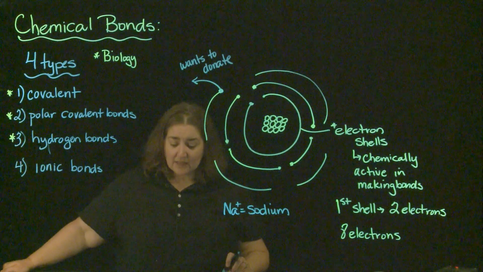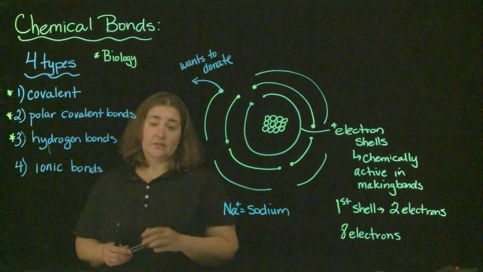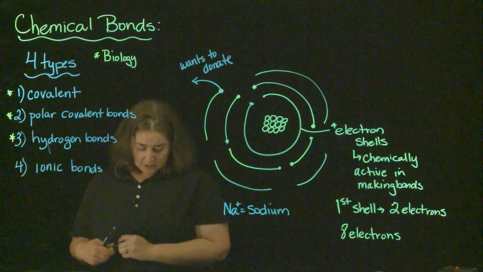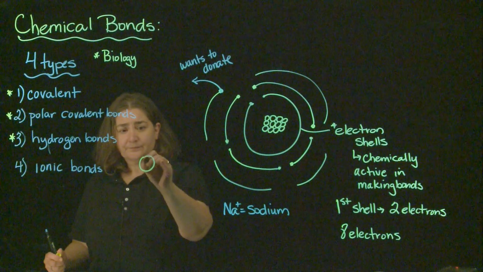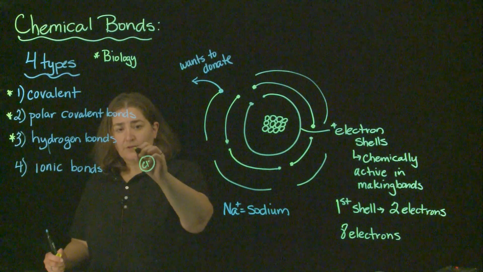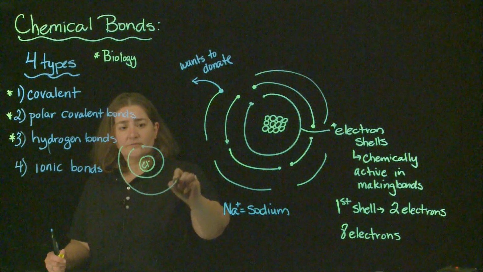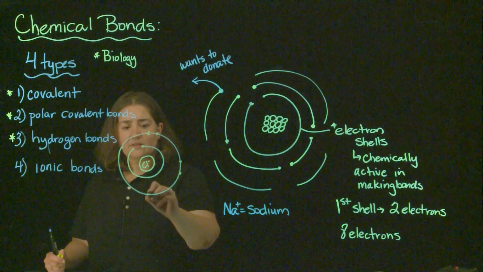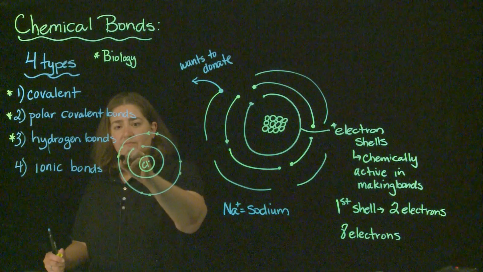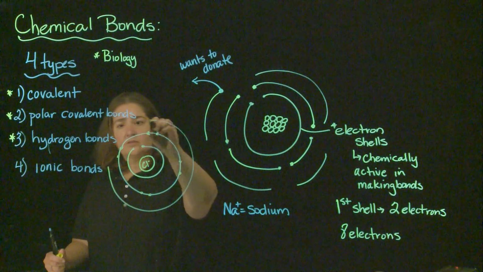The other element that I'm going to pair this with is going to be chlorine, the chlorine atom. Okay? We've got a complete shell here, and just as time, I'm going to draw it this way. We've got a complete second shell, chlorine.